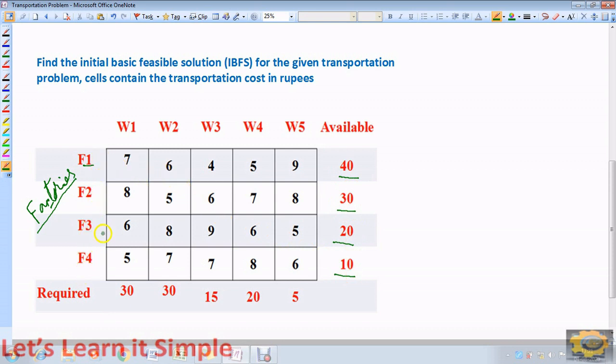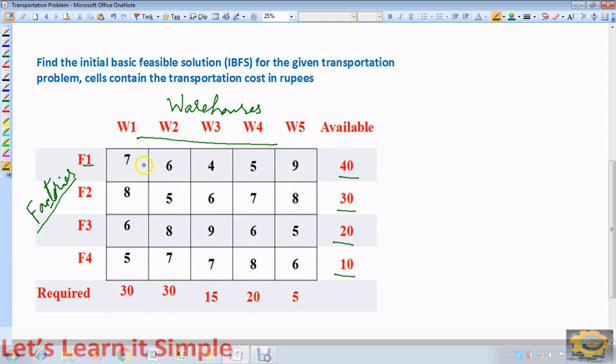So these are the available units. Now W1 to W5 are warehouses. Warehouse 1 requires 30 units of a product, warehouse 2 requires 30 units, warehouse 3 15, warehouse 4 20, warehouse 5 5.